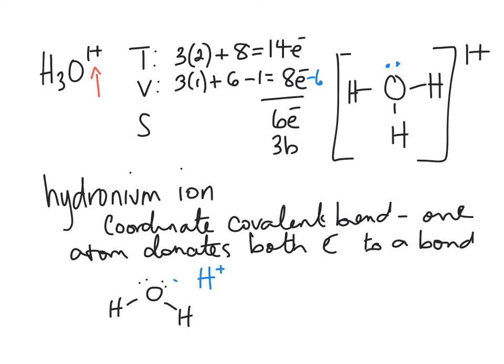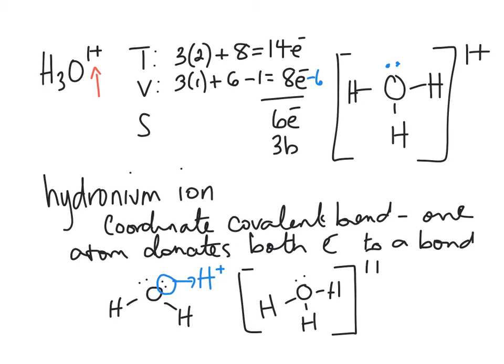So a lone pair of electrons can make a bond and offer itself up to the H+ ion, and we end up with 3 hydrogens bonded, and that net positive 1 charge is because of the positive charge on that incoming hydrogen.